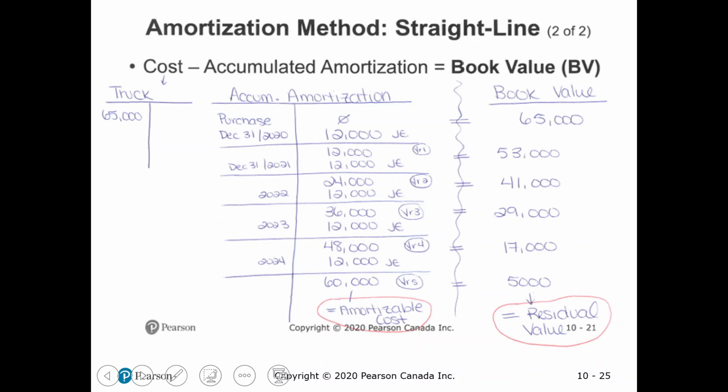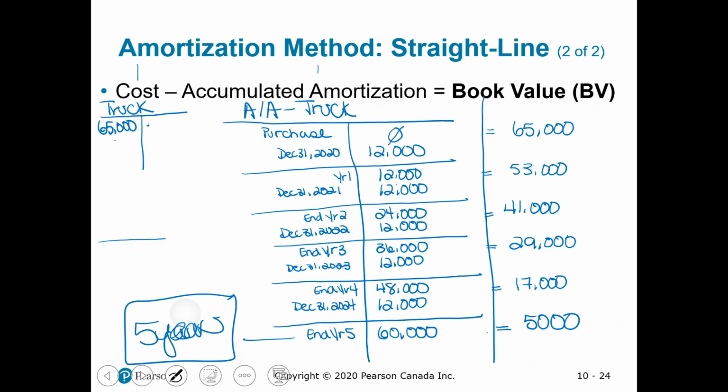So you can see that here. So at this point, we've got to $5,000, and this equals our estimated residual value. So that's where we always stop amortizing, regardless of the method.